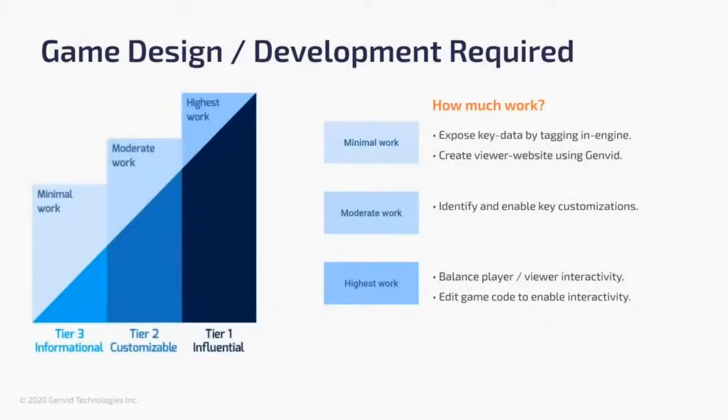So, how difficult is this, and what sort of development is required to implement it? Informational is easy. It's just exposing data and putting it into a web overlay. Customizable takes more time to figure out exactly what you want to expose. If you want to put in optimal camera angles, this can be tricky for some developers if they have cut down on development time by not creating a full world, but only putting the art available where the players can see it.